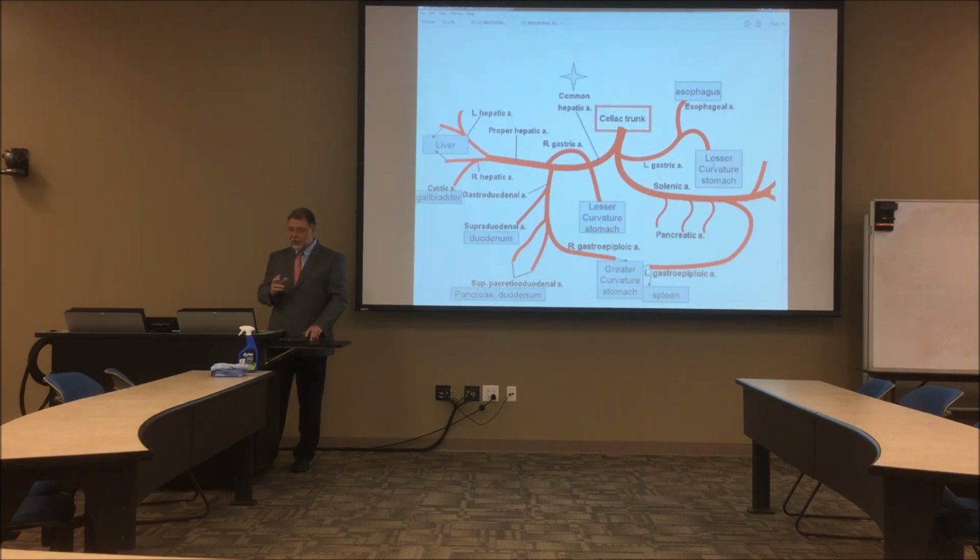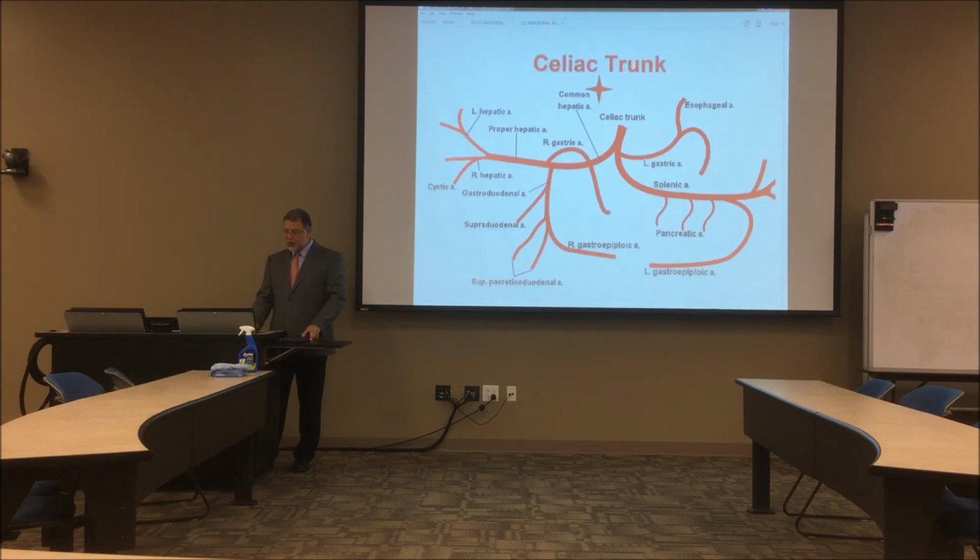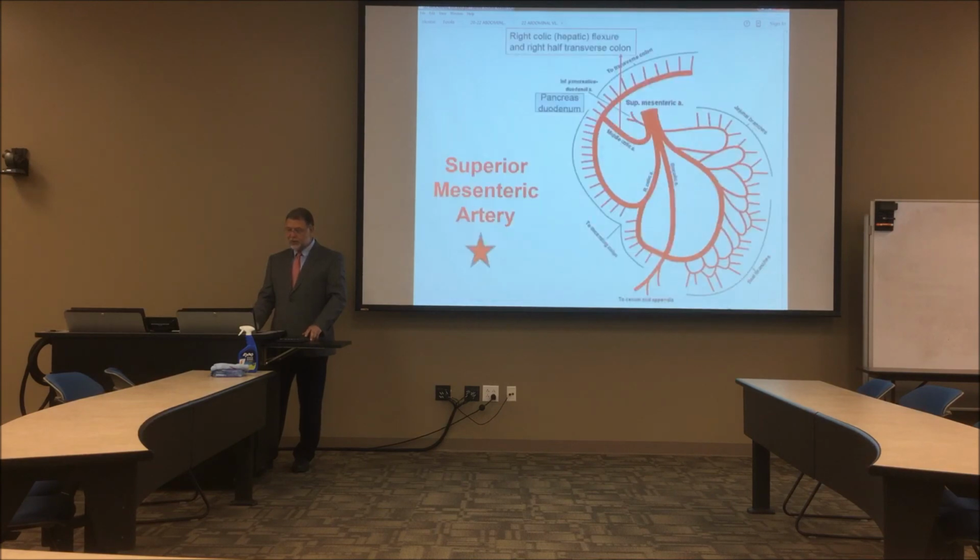The other way to do it is leave liver, gallbladder, duodenum, lesser curvature, and remove all of these structures. So whatever you want to do, it's fine, but try to make some connections here.